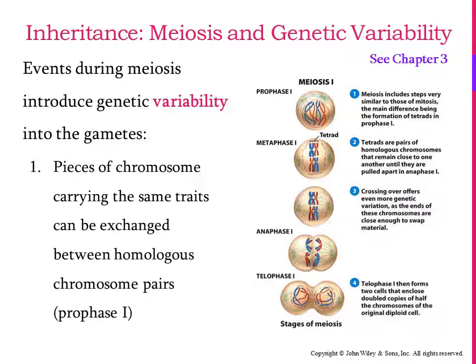Also, variability is introduced by exchange of genetic information. Physically, chromosomal pieces can be exchanged during meiosis 1 so that the chromosomes in the gametes do not resemble the original chromosomes in the progenitor cell. Genetic information from the maternal copy of a chromosomal pair can be exchanged with that from the paternal chromosome in a pair.